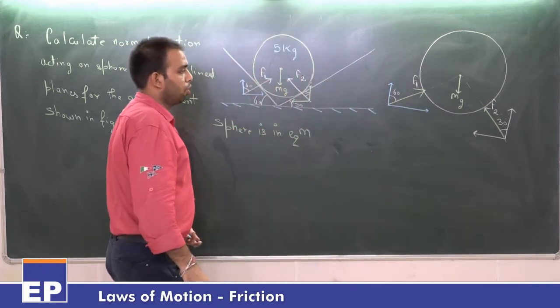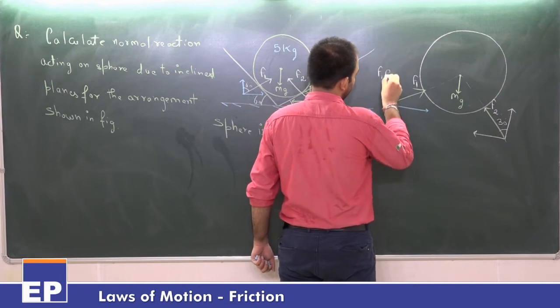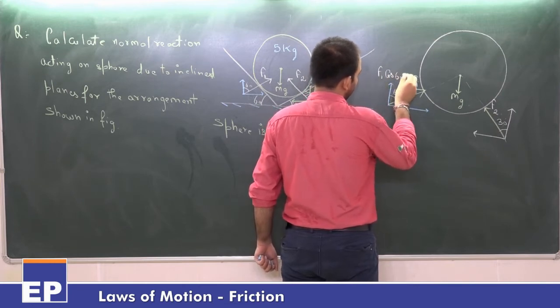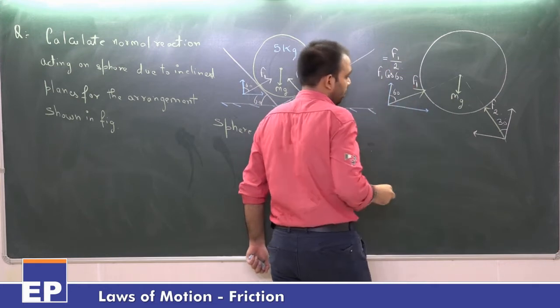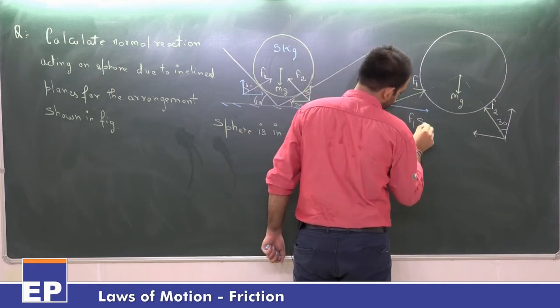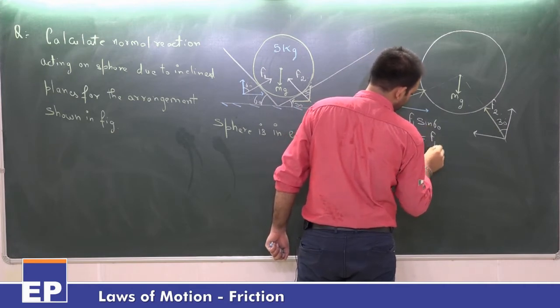Now if you look at the components of this, that is F1 cos 60. Cos 60 is 1 by 2, that is F1 by 2. And it is F1 sin 60. This is F1 root 3 by 2.